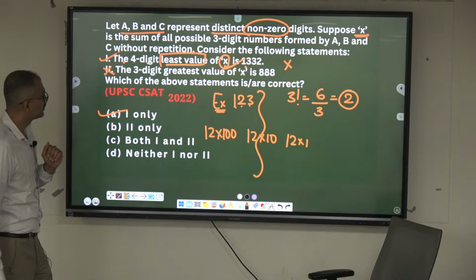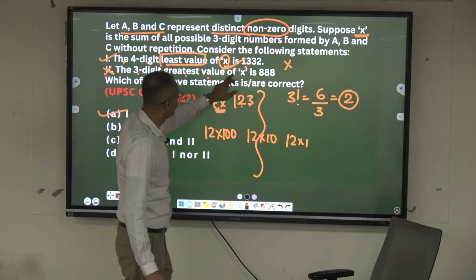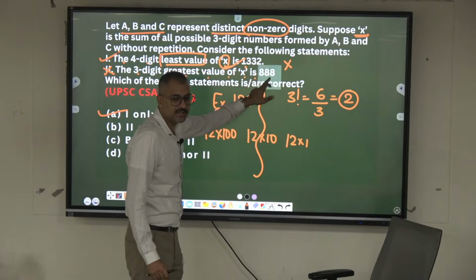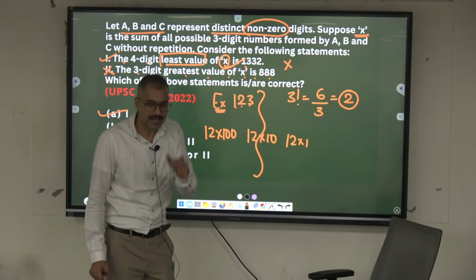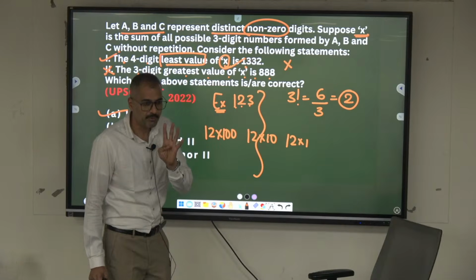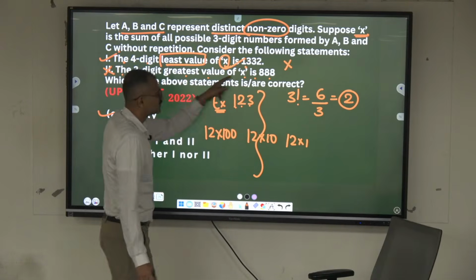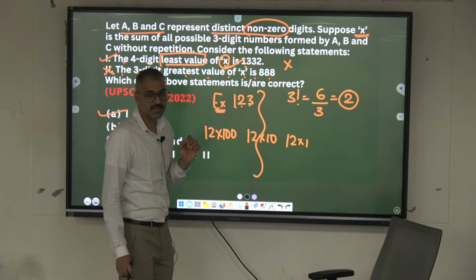The 3-digit greatest value of x is 888, he says. See, the x least value itself is a 4-digit number, which is 1332. Can it be a 3-digit value? Never. Okay, and also he says greatest is 888.